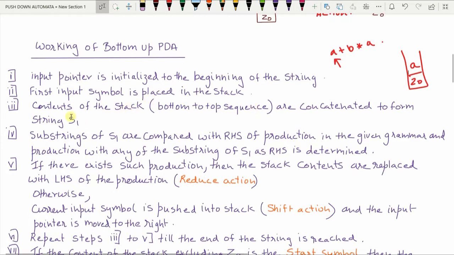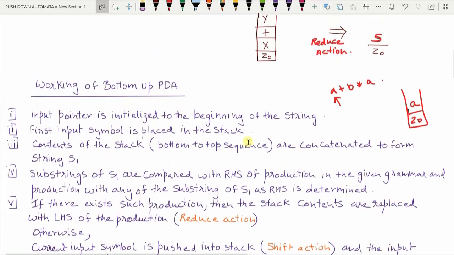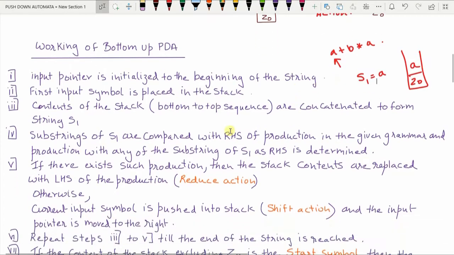Since there is only one element in the stack, reading from bottom to top you get only a. So my substring S1 is currently only a. This is what step 3 says.